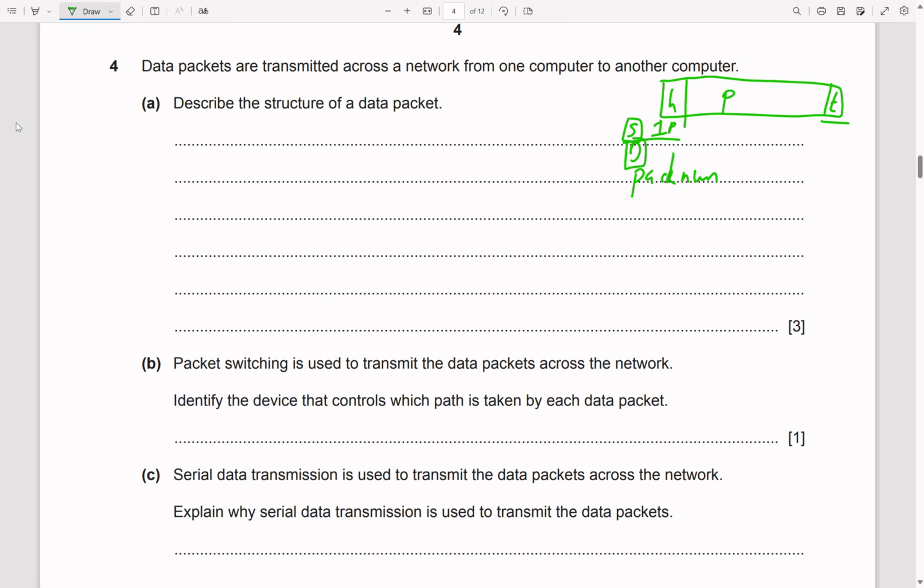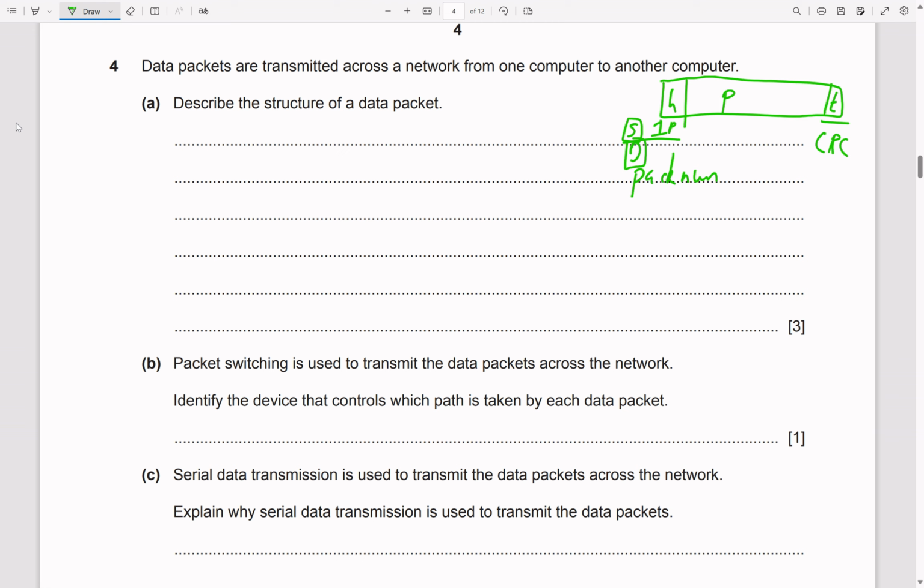Then in the trailer, this depends on the protocol, and on which layer of the IP stack you're in. But the common one they say is CRC, the cyclic redundancy check, just an error checking method.